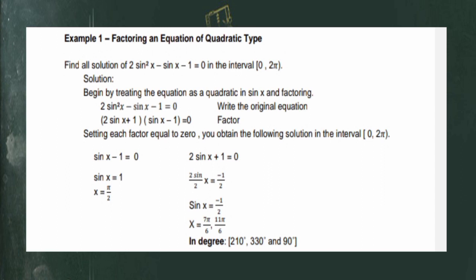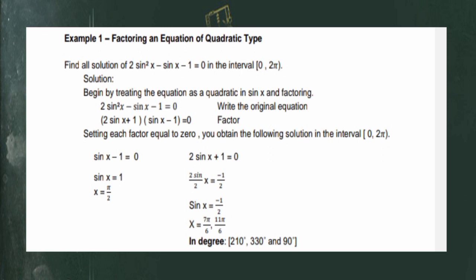From the original equation, factor: 2 sine x plus 1, then sine x minus 1 equals 0. Setting each factor equal to 0, you obtain the following solutions in the interval of 0 and 2 pi. Sine x minus 1 equals 0, then 2 sine x plus 1 equals 0.